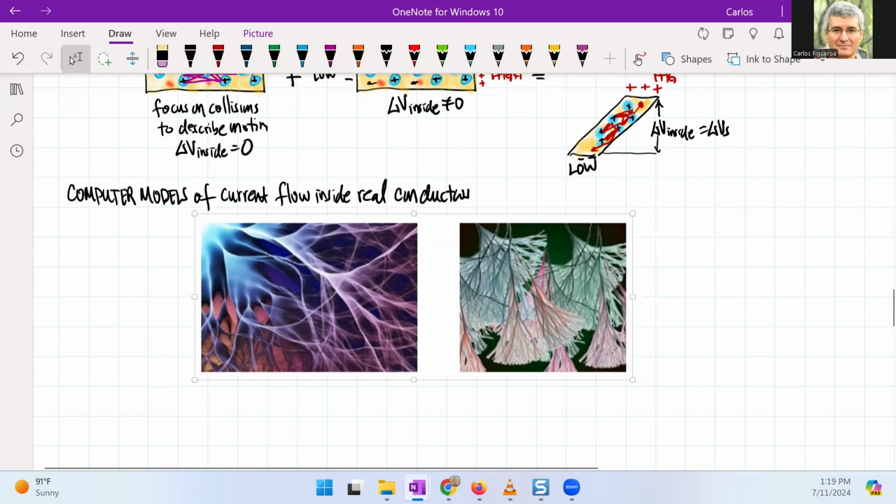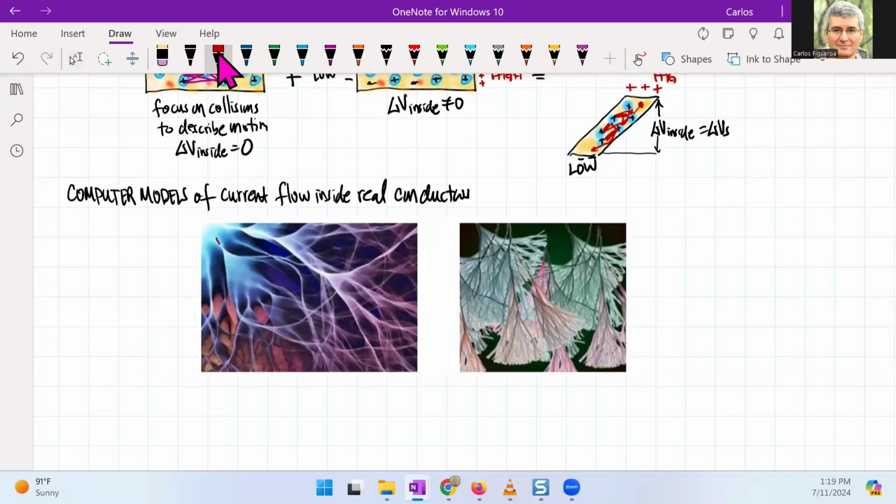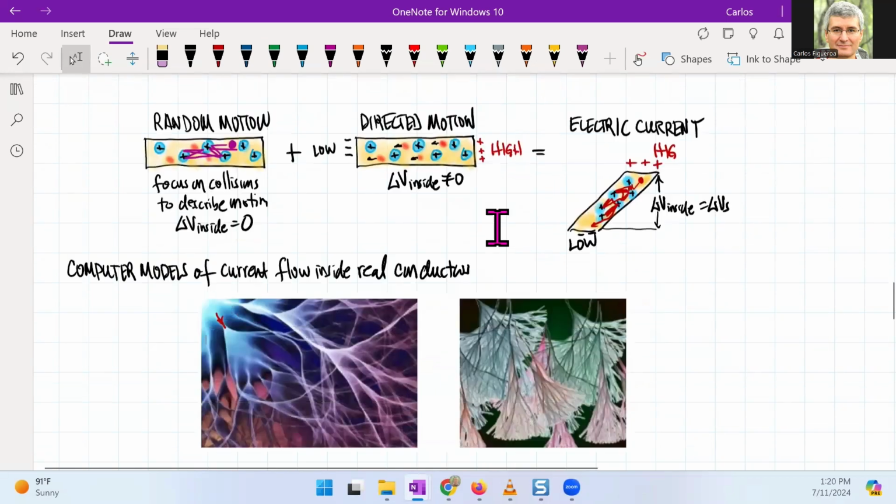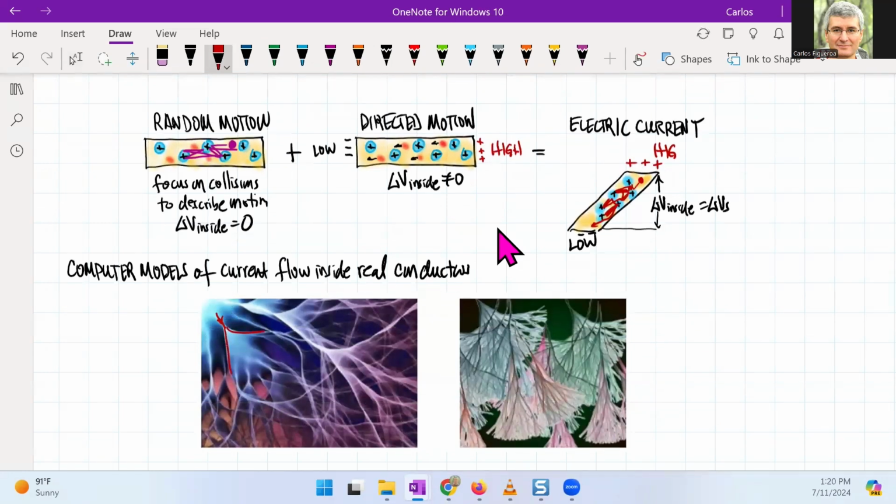What I'm going to do is I'm going to focus on one charge. So I'm going to follow the charge right in here, and I'm going to follow this path. So now, just like we saw on this Pachinko machine, that there's a spread, even though they started at the same spot, what you're seeing here is that now there's a range of possibilities.